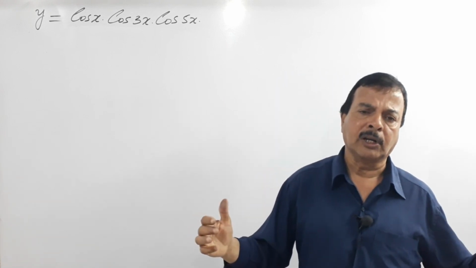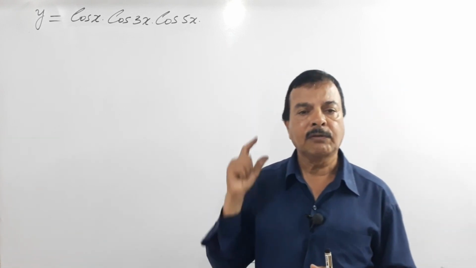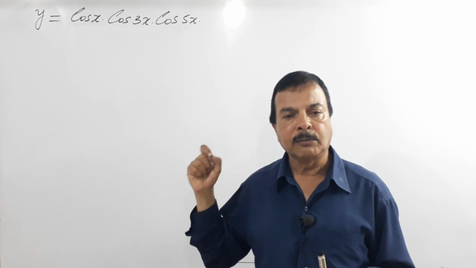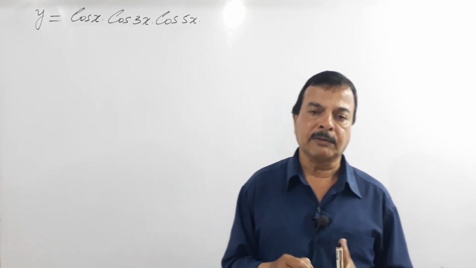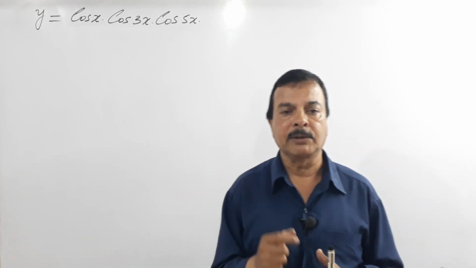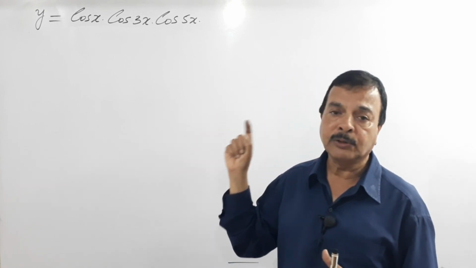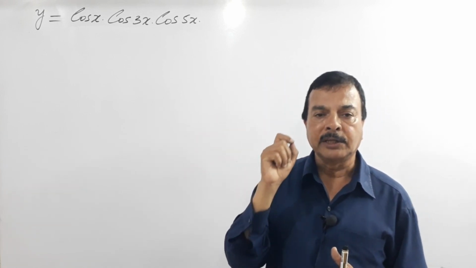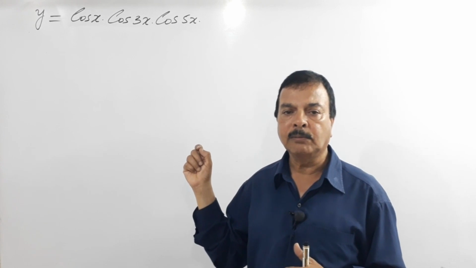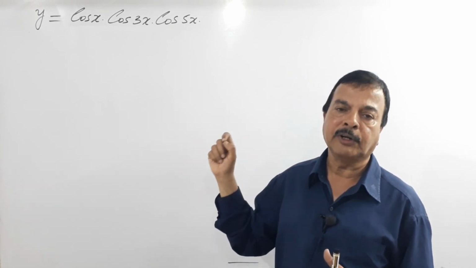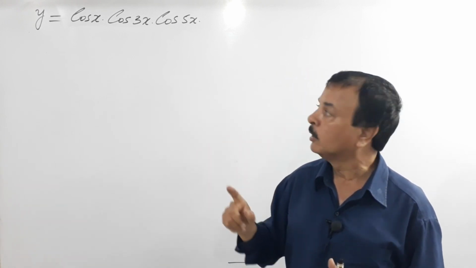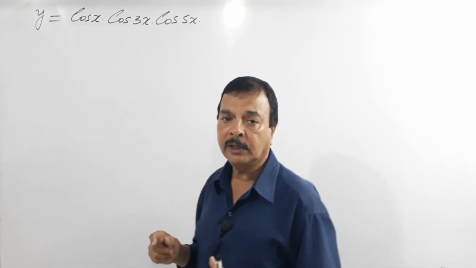It's a very long, laborious process. If you follow that procedure, you may end up committing errors and waste your time in the examination. But here I am going to teach you the simplest and easiest method to solve this problem, and you will be very comfortable doing it in the examination. So let's start this problem without any delay.